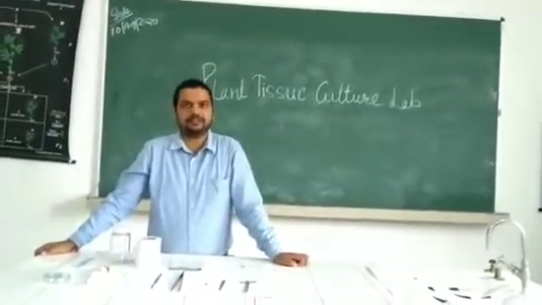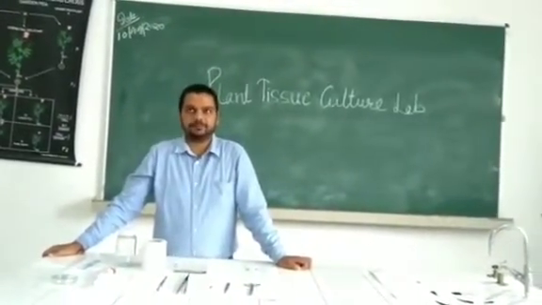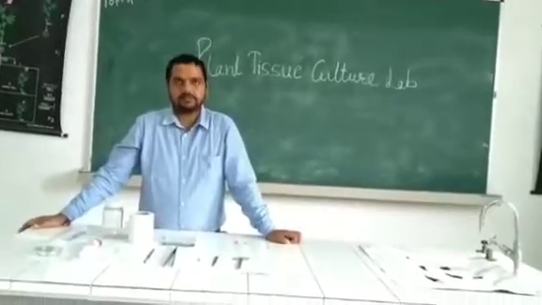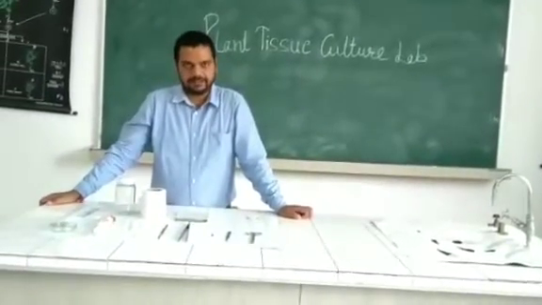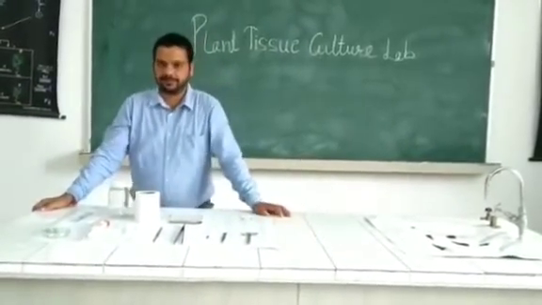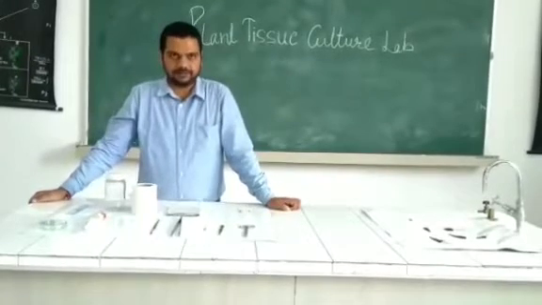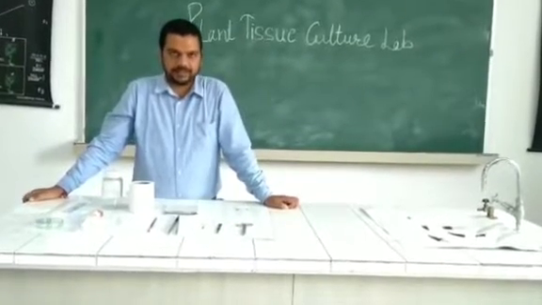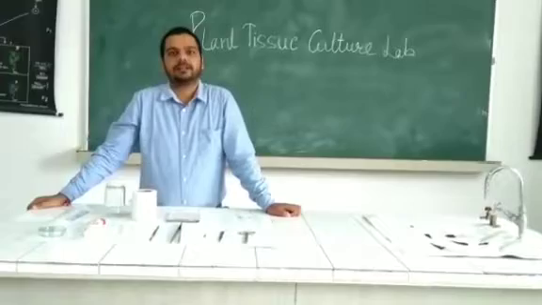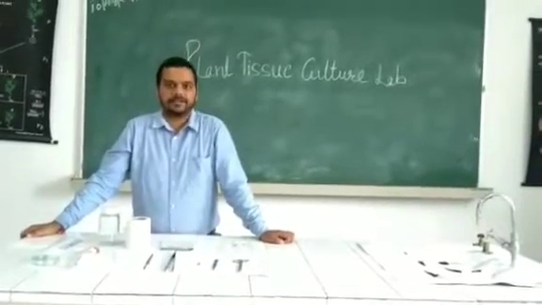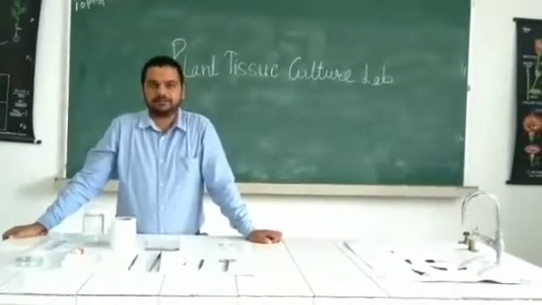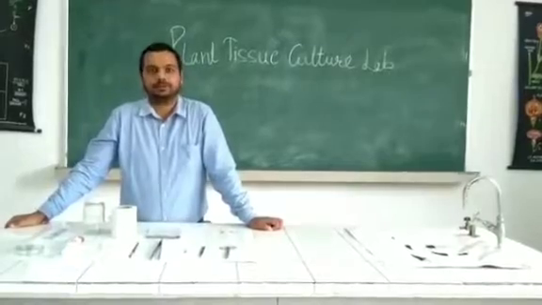Every plant tissue culture lab needs 5 basic areas. First of all, a chemical storage area for storage of different chemicals used in plant tissue culture. Second is the washing area for washing of the glassware. Third is the media preparation area, where the media will be prepared to grow the plants.